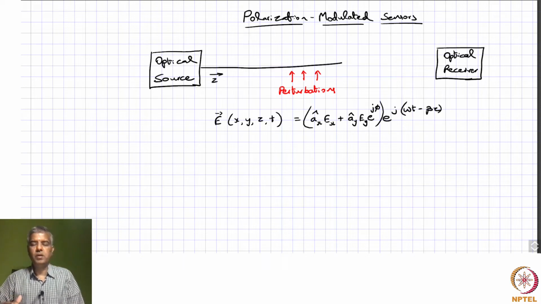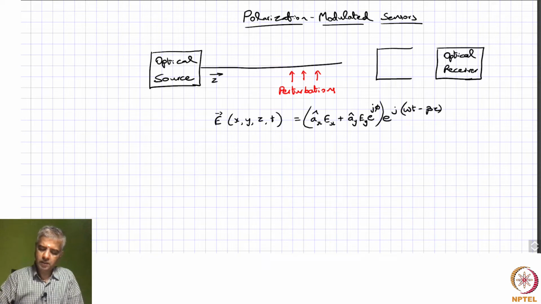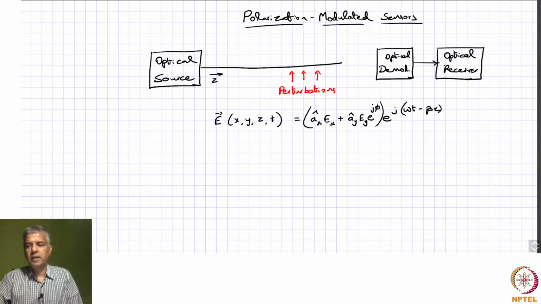Just like how we dealt with this situation with phase modulated and wavelength modulated sensors, in polarization modulated sensors we need an optical demodulator, which can convert changes in polarization to changes in intensity, and then that can be picked up using our optical receiver.